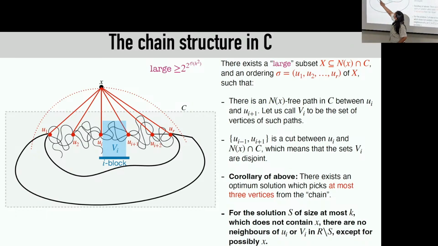The solution can always pick u1, u2 and x. These are the boundary of this chain to the rest of the graph. If the solution picked more than 3 vertices from here, you can rather pick u1, u2 and x. If you pick these 3 vertices, you would disconnect this part completely, and this part is K2P free. But this argument will not work if you had disconnected obstructions in the graph. So that's the only place.